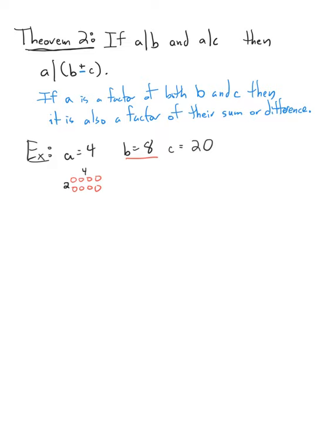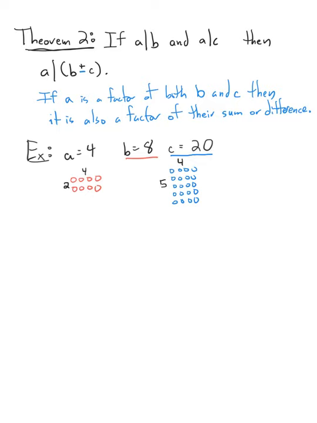And finally, well, C equals 20, so we can do the same thing. Maybe I'll do this one in blue. So 2, 3, 4, 5, 6, 7, 8, 9, 10, 11, 12, 13, 14, 15, 16, 17, 18, 19, 20. I can write 20 dots as a 4 by 5 rectangle.